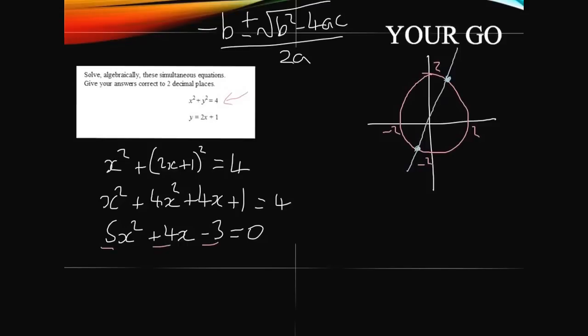So we've got minus 4 plus and minus the square root of 16 minus 4 times 5 times minus 3, all divided by 10.